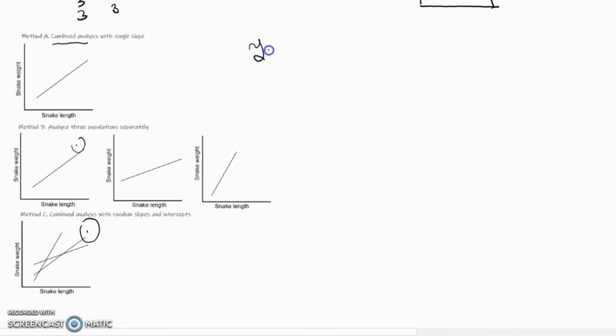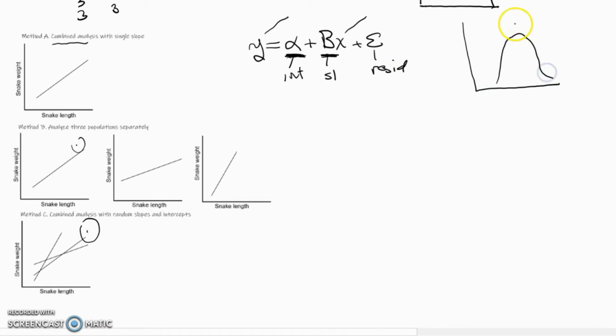Well, what I would do is I would generate the data by y is equal to alpha plus bx plus e, where this is going to be the intercept, the slope, the residual. And this is going to be my predictor variable. This is going to be my dependent variable. And so what I would do is I would specify a particular value of alpha. I'd specify a particular value of beta. And then for the residual, I'd have a normal distribution with a mean 0 and some specified standard deviation.